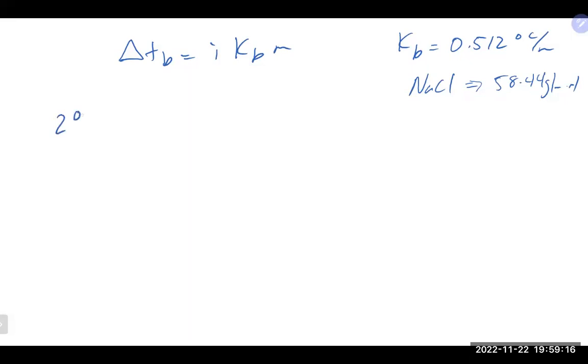So we're going to say our change in temperature here, and again, just randomly picking 2 degrees, sort of a modest change, would equal our i in this case, which would be 2, right? And our Kb in this case would be our boiling point constant, and our m would be our molality.